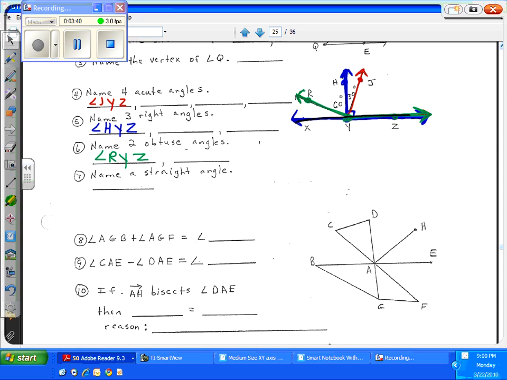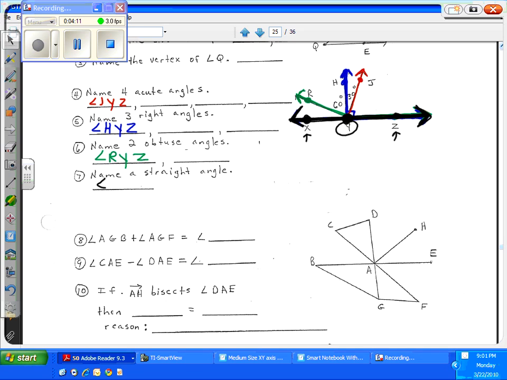And then a straight angle is exactly 180 degrees, and you may say, well, how do you name that as an angle? Well, an angle is a figure formed by 2 rays with a common endpoint, so Y could be my common endpoint, and we could have the ray from Y to X and then the ray the other way. And so we name an angle by a point on one side, one ray, right?